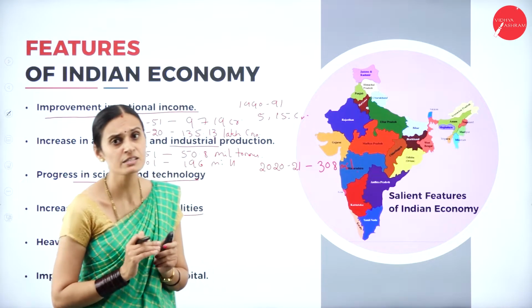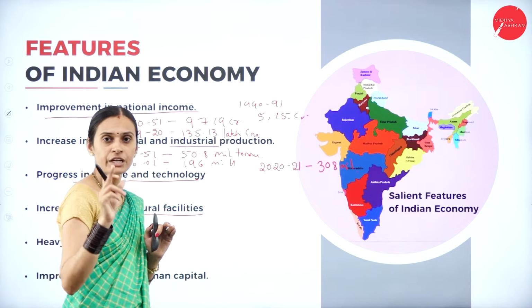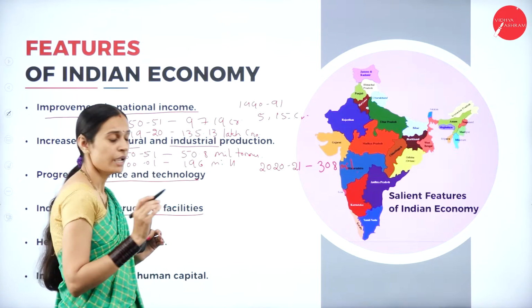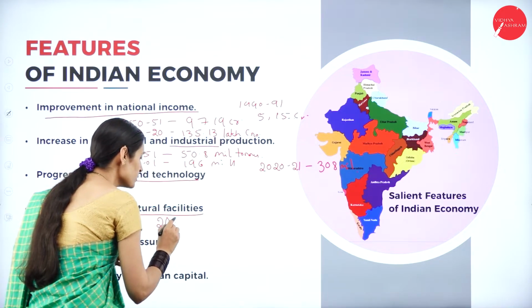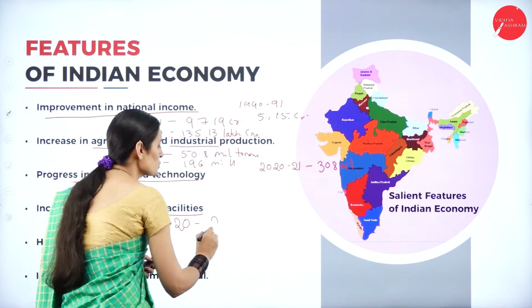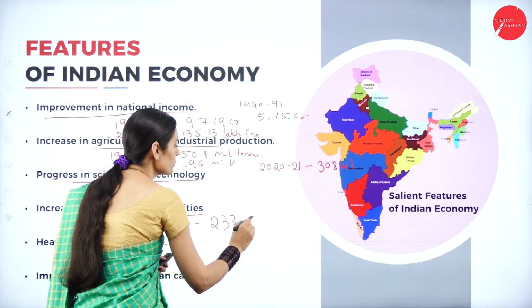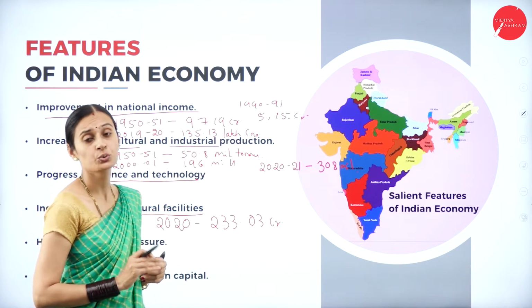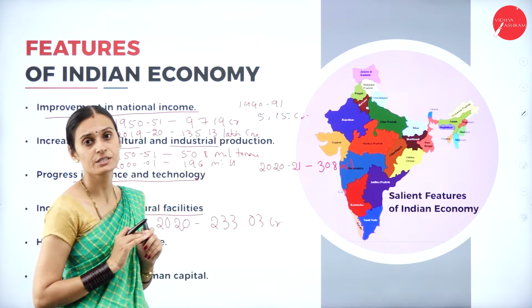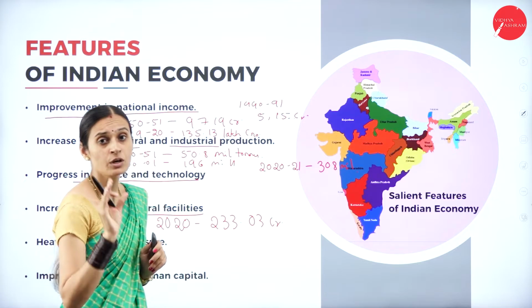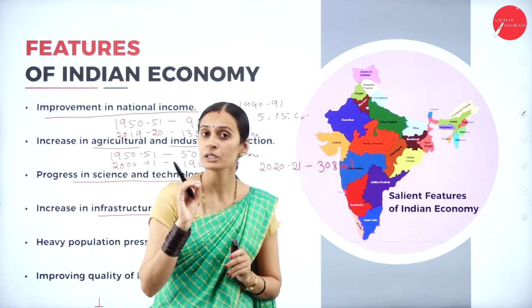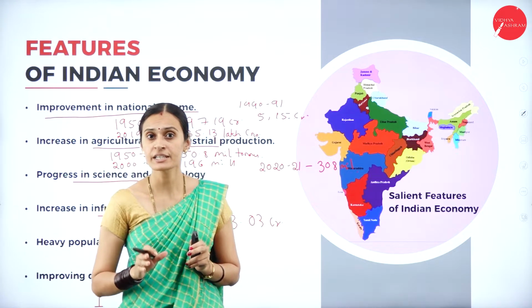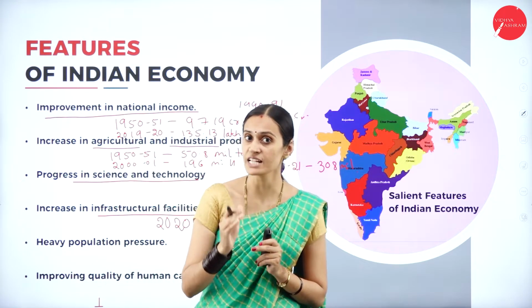Improving infrastructural facilities, in the sense that from the third five-year plan onwards, the service sector got focused. In 2020, 233.3 crore rupees were allotted by the budget to improve infrastructural facilities. We know the importance of education, health, marketing and transport.